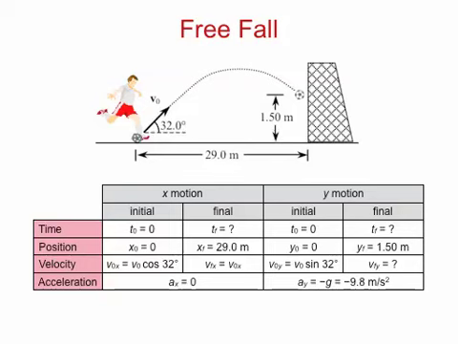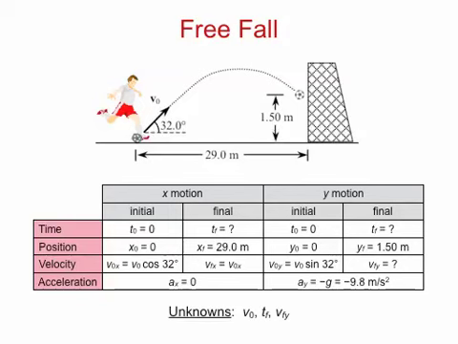In particular, we write v0x equals v0 times cosine 32 degrees, and v0y equals v0 times sine 32 degrees. We know that whatever v0x is, v sub fx is the same, since there's no horizontal acceleration. We're not told anything about t sub f or v sub fy.